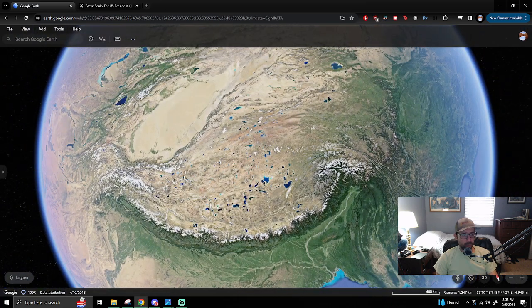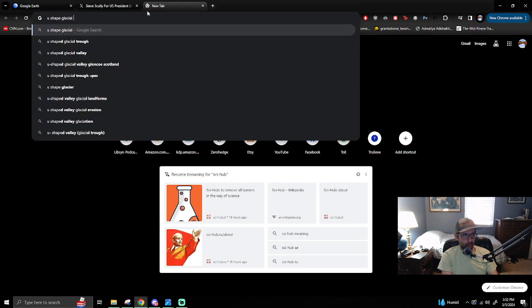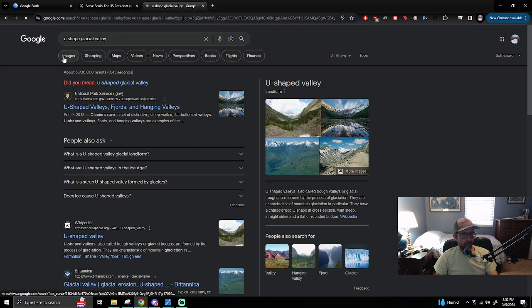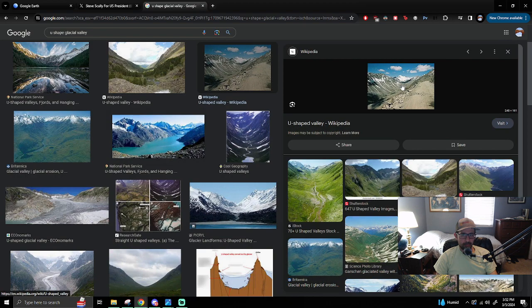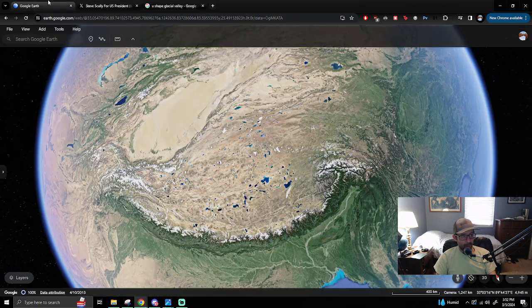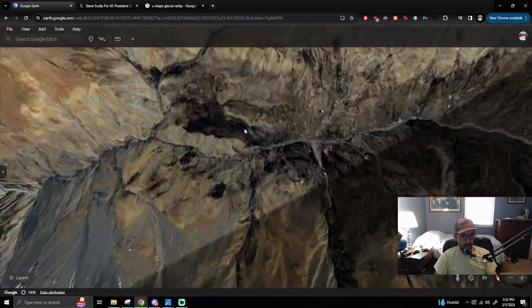but that ramp has a U-shape, a glacial valley, let's say, like this U-shape. Something like this is generally interpreted to be the result of glaciers, but I would argue there's one right here.